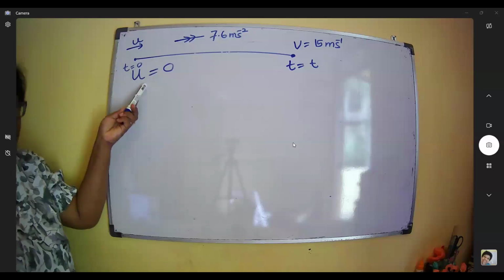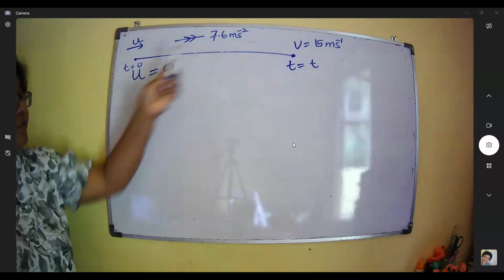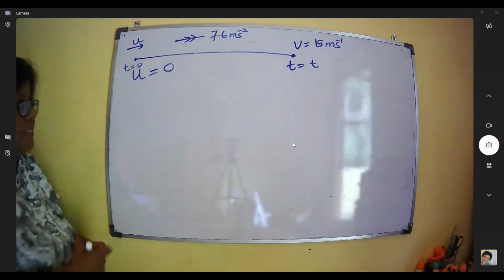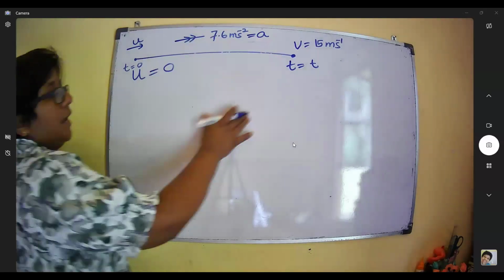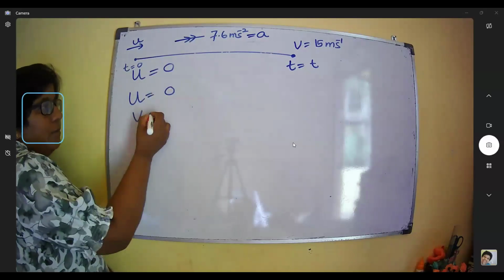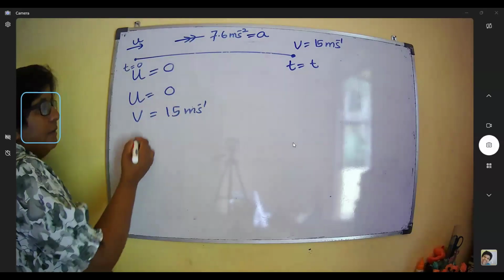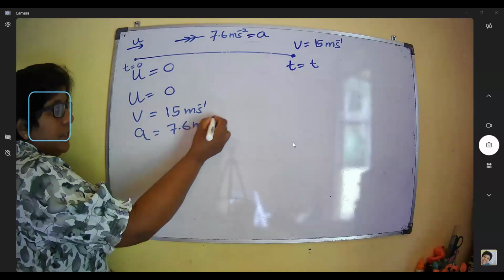The initial velocity is given as 0, the final velocity is 15 m s^-1, the time is t, and a is equal to 7.6 m s^-2. Then we know u is 0, v is 15 m s^-1, and the acceleration is 7.6 m s^-2.